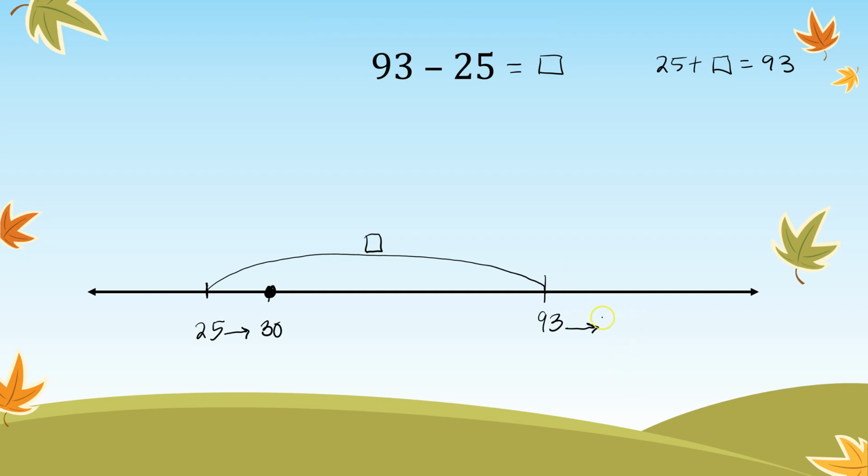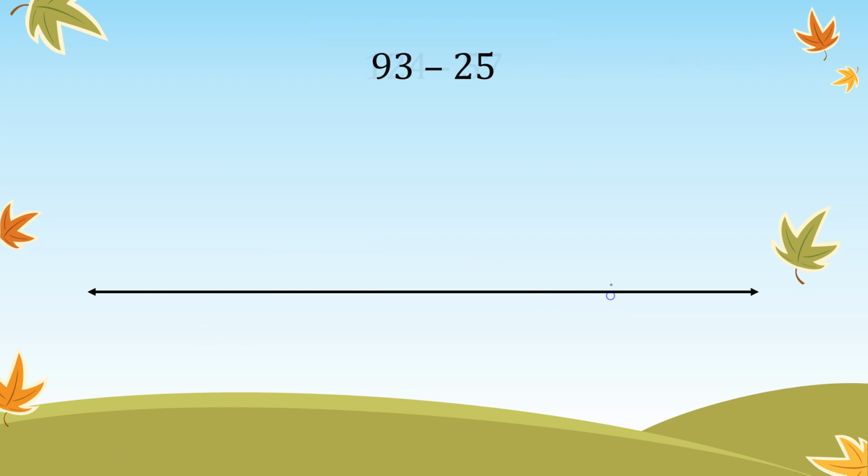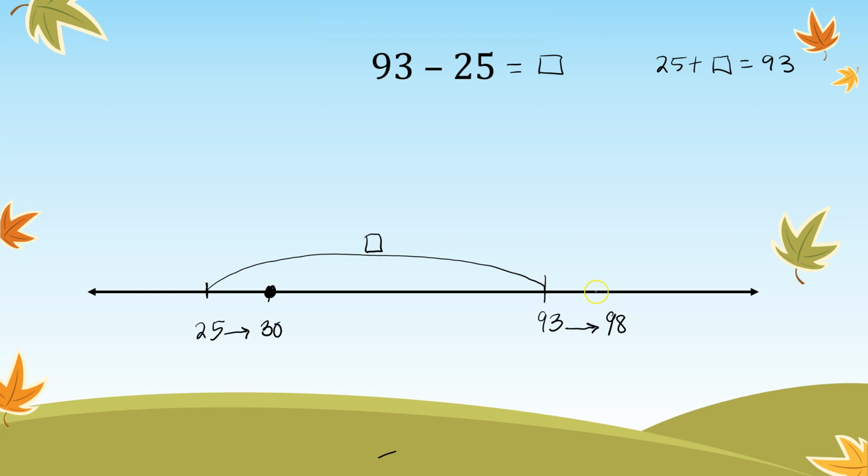Right? So that's going to end up at 98. That distance is the same. So I'm going to try to mark the same distance here. This distance is the same from one dot to the other. That right there is the same distance, right?